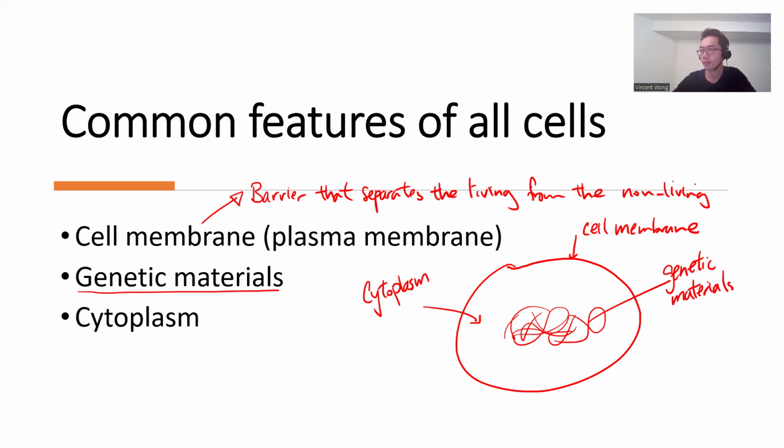I have a question, Professor. Mm-hmm. Can you please explain when you say the cell membrane is a barrier between living and non-living? What is living and what is non-living we are talking about right here? Yeah, sure. So the cell is alive, right? So where does the cell end, basically? It essentially ends at the cell membrane.